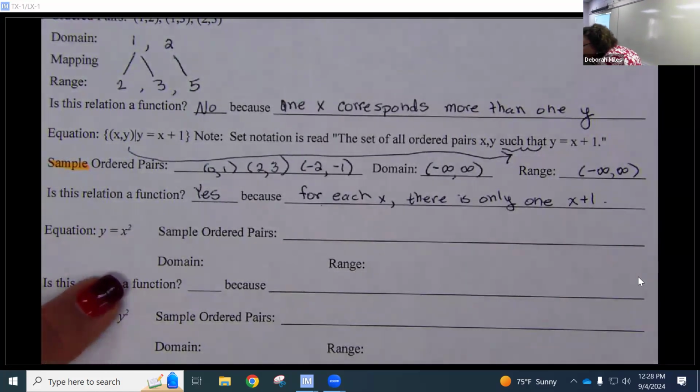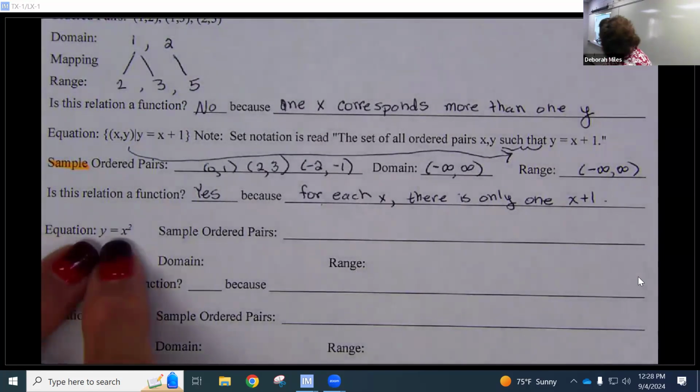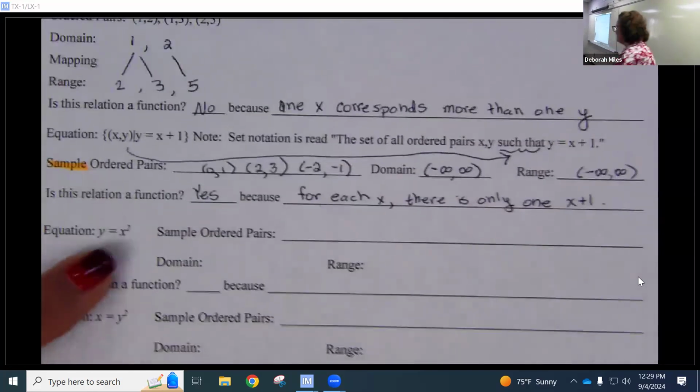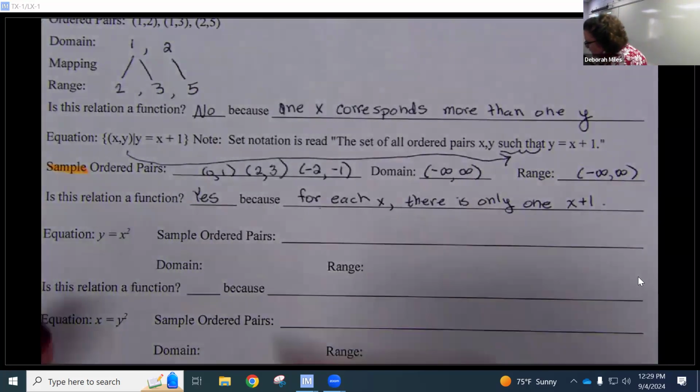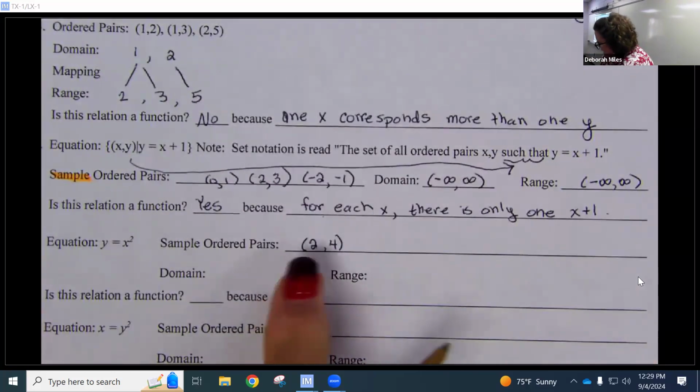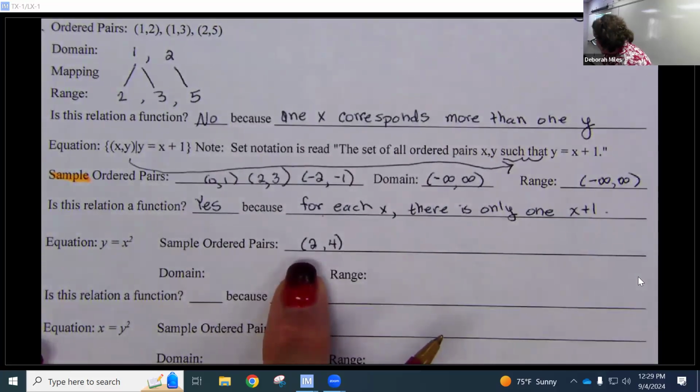One what? Oh, if you put in a 1 and you squared it. Oh, okay, I'm sorry. 2, 4. Because the y is the square of that x. Good job, Chloe. Isaac, can you give me another one where the y is the square of the x?